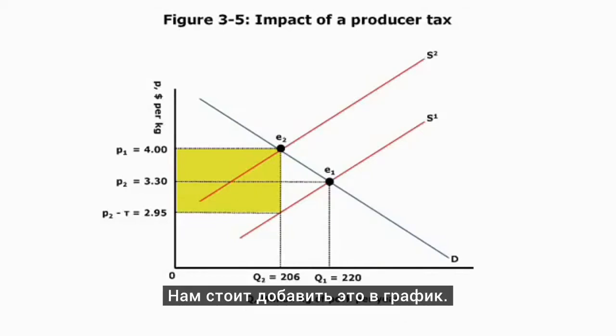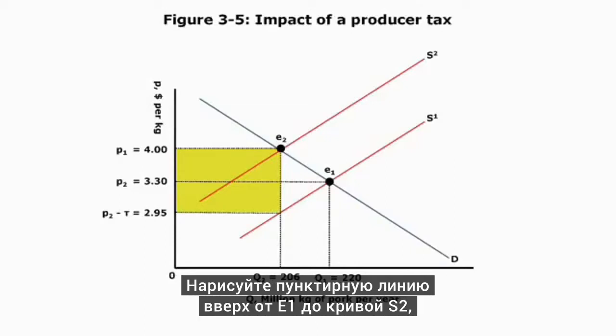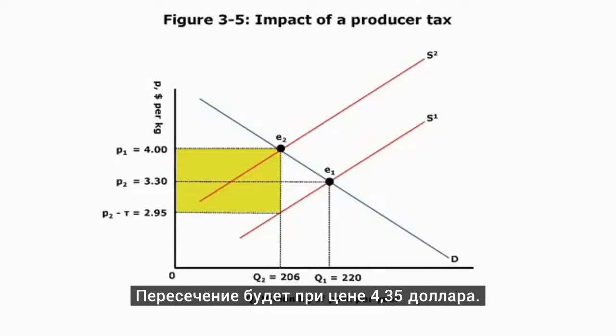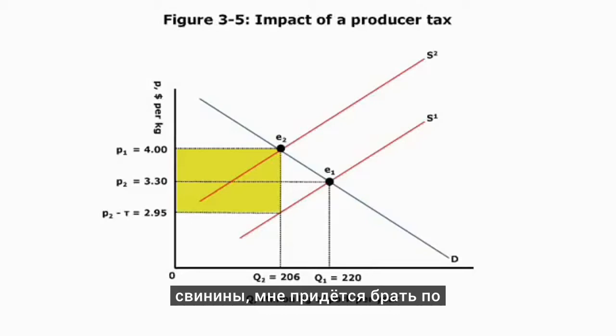We should add this to the graph, actually. If you draw a vertical line up from E1 to the S2 curve, draw a little dashed line up from E1 to the S2 curve and then over, that price intersection will be 435. So if you want me to keep producing 220 million kilograms of pork, I'm going to have to get 435 a kilogram.